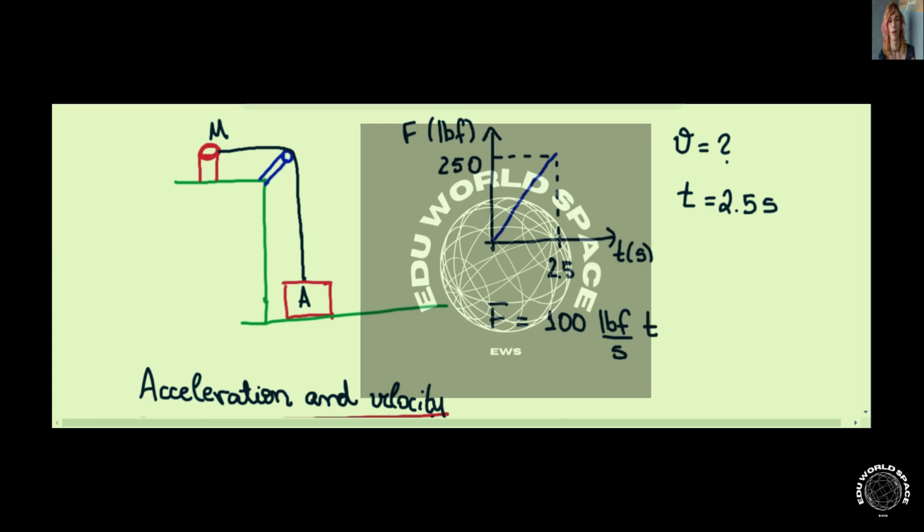Now notice that this fits the graph, since for t equals 0, the force is 0 as it should be, and for t equals 2.5, the force is 250 as it should be, and 2 points define a line, so everything is fine here. So this is the force F as a function of time.